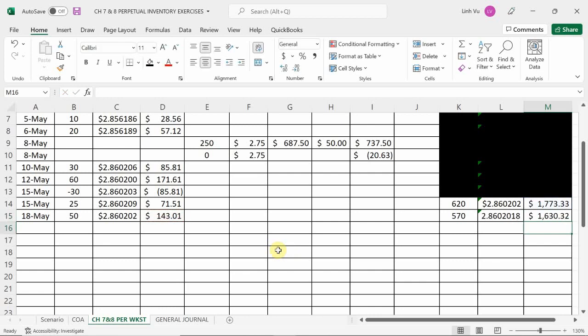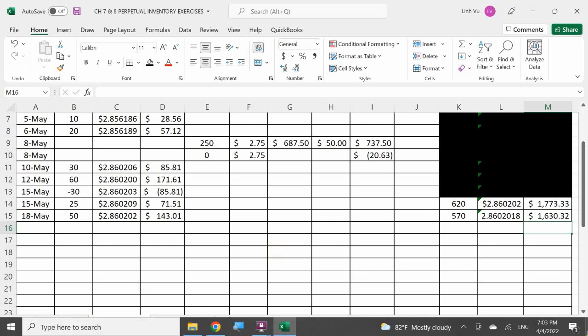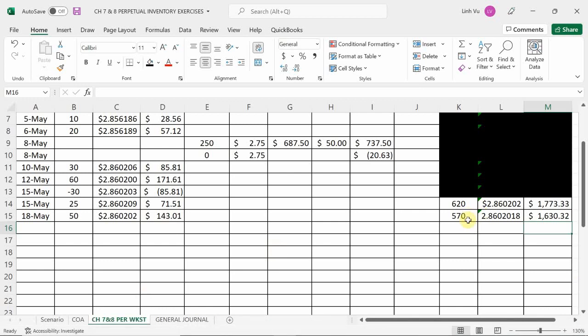So in this case, I should be ending up with my inventory at $1,630.32. So now my average cost per item is now $2.862018. Okay, so straightforward. Okay. So in this case, not many changes again to my cost per item.